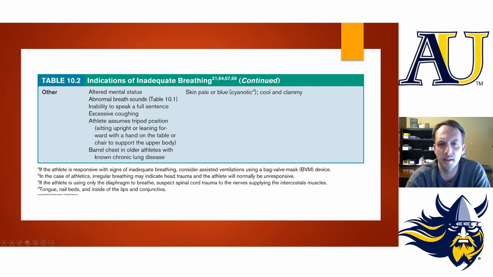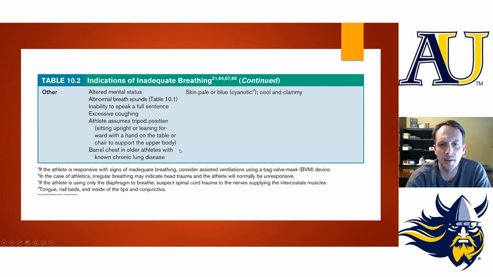The other telltale sign is this pale or blue skin, and it's cool and clammy with that. Other things that you might see as well: inability to speak in a full sentence because they're requiring more force for breathing, excessive coughing, or this tripod position that we saw, right, with pursed lips, nasal flaring.